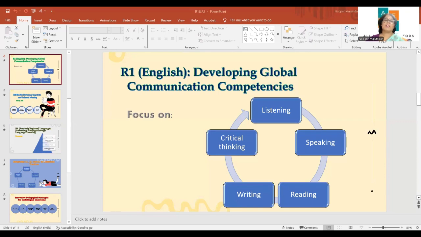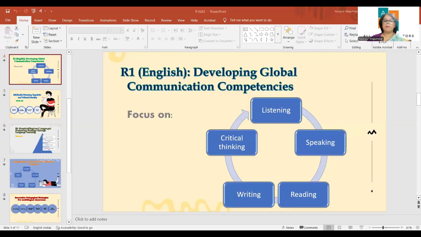So, dear educators, dear friends, while English prepares learners for global communication, the second language plays an equally significant role in strengthening identity, culture, and emotional experience, right? So we have discussed English, because right now we have taken English as R1. I have already told you it can be English, it can be Hindi.